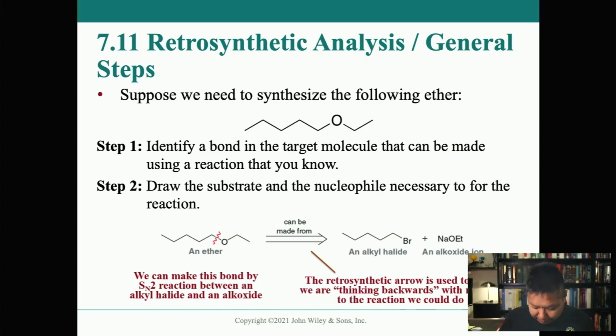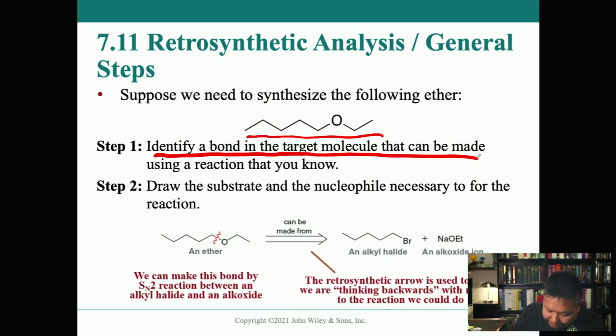Suppose that you want to synthesize this ether right here. Okay? The first thing you need to do is identify a bond in the target molecule that can be made using one of the reactions that you already know. Well, it turns out that this bond here is something you can make. We can make this bond by an SN2 reaction between an alkyl halide and an alkoxide.